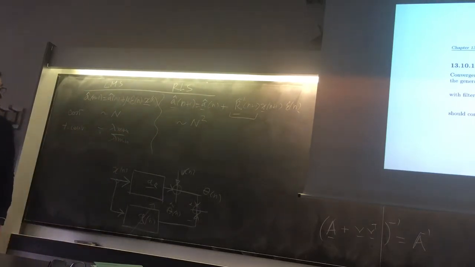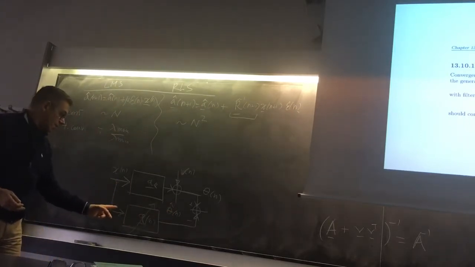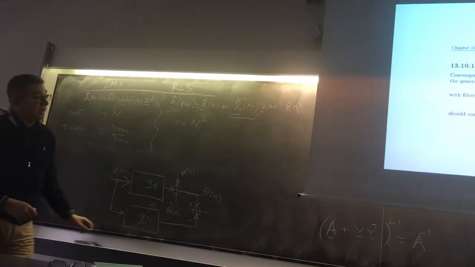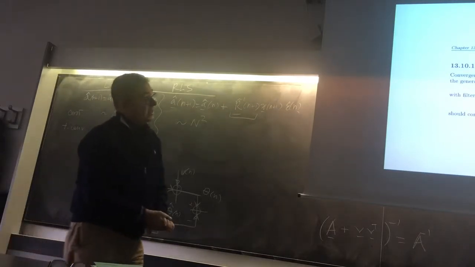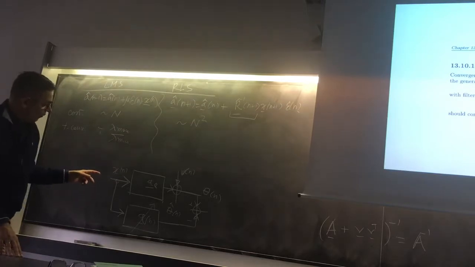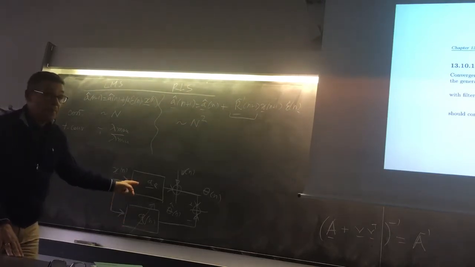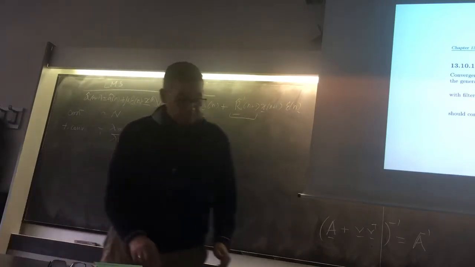Now in recursive least squares, I take this error by using the filter and the input at the new iteration. Anyway, let's see the convergence analysis. In convergence analysis, I want to see how fast this one is going to that.